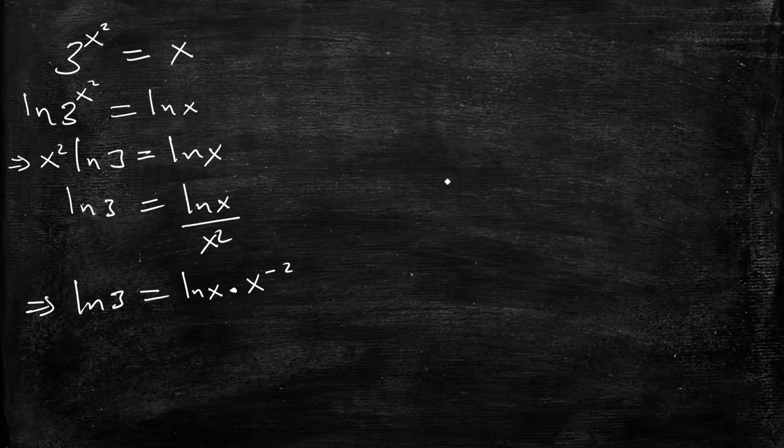Now let's observe something. Before we can apply the Lambert W function, let's introduce the natural log function. In case you are given e raised to ln of box, that is the same as box.